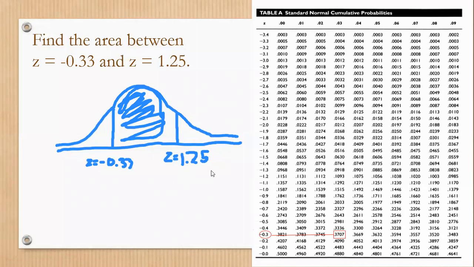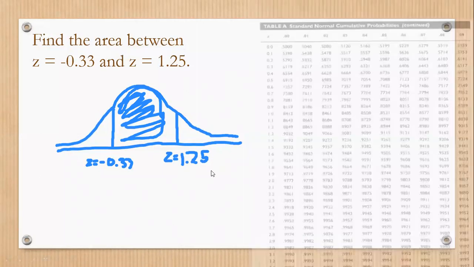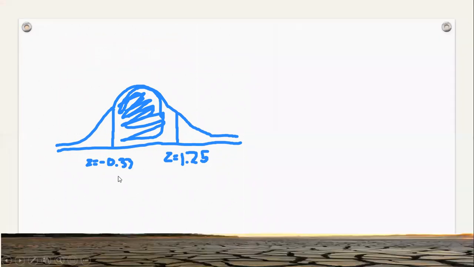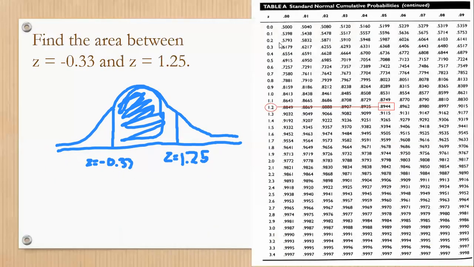So 1.25, where are you? 1.25. Okay, 1.25. So get 1.2 and then the 0.05. So it's 0.8944. So get the value of the two. Wait. Okay. Wait lang. I'll make use of the text.